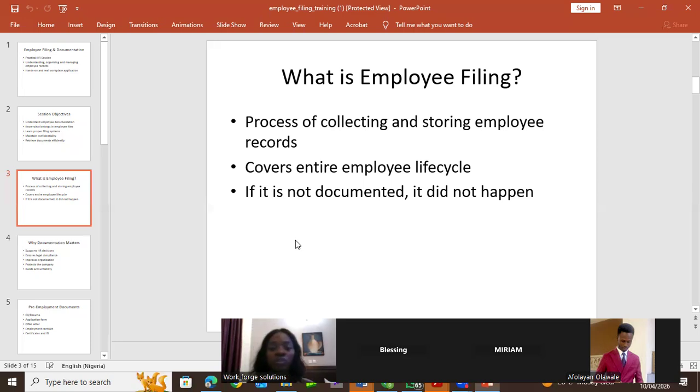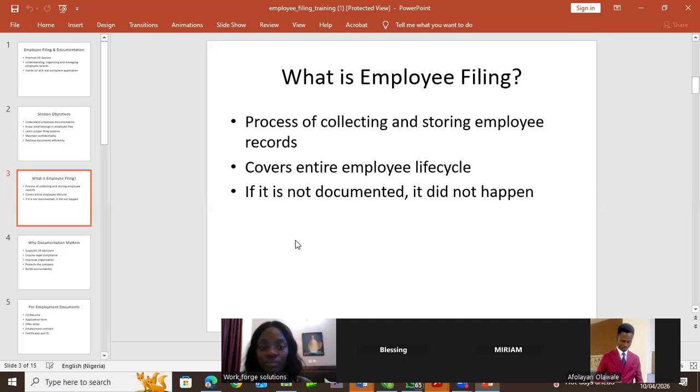So there's always something to file for an employee. Maybe after 2 years he went to get his master's, so you get the master's certificate and add it to the file. Now he has a master's. So there's always something to add to the employee's file throughout the employee's life cycle. The employee's life cycle is from the day he was employed to the last day he worked before he goes.